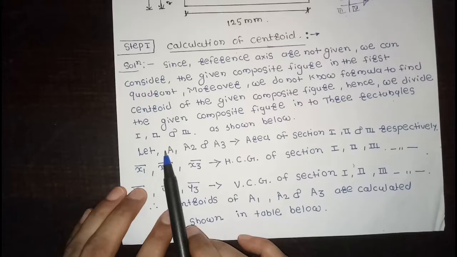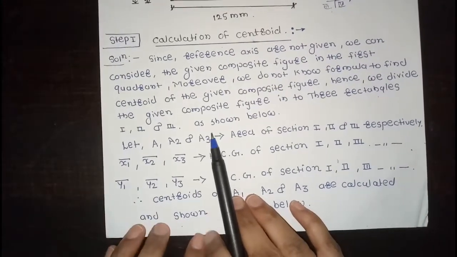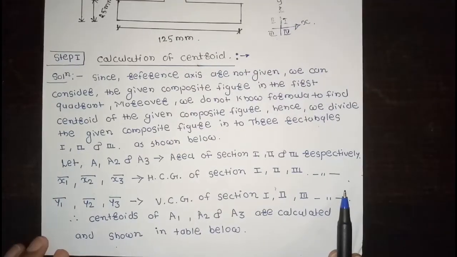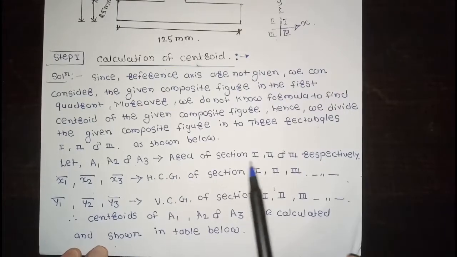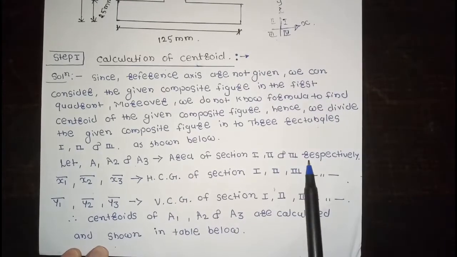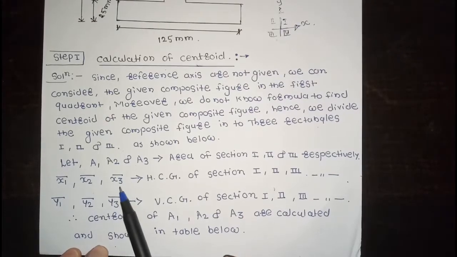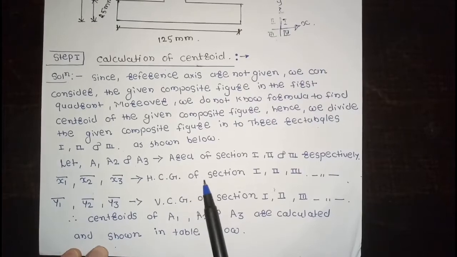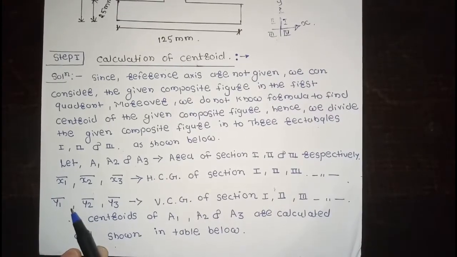Let A1, A2 and A3 mean the area of sections first, second and third respectively. X1 bar, X2 bar and X3 bar are the horizontal centroidal distances of sections first, second and third respectively.